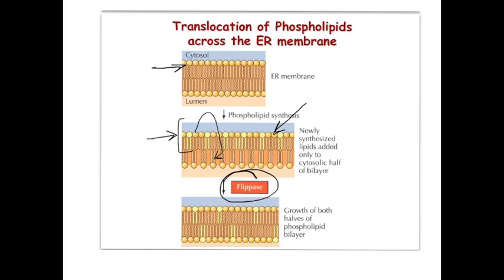It's highly charged and it's very hydrophilic. Therefore, it won't be allowed passage through the hydrophobic environment of the middle of the membrane. In order to flip from one side to the other, you need flipase.